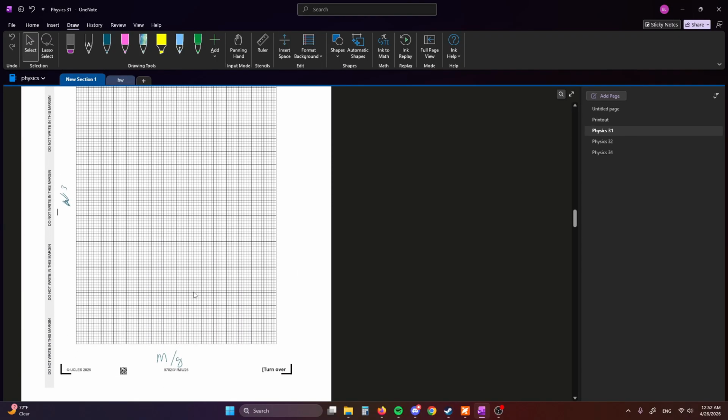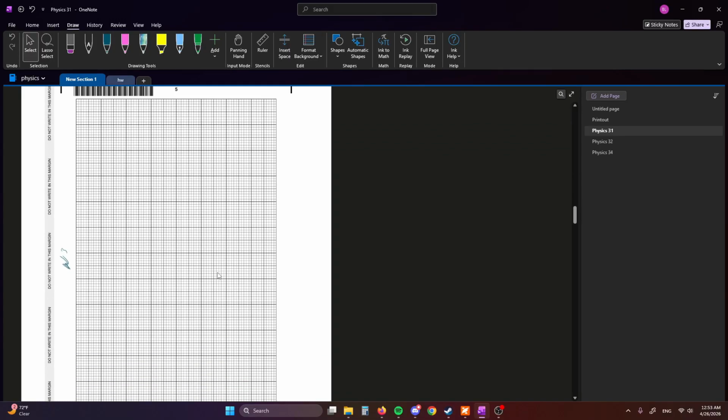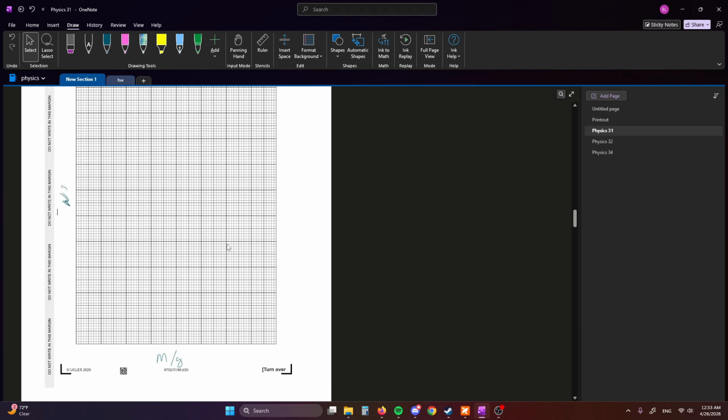And then we want to draw the appropriate axes such that it takes up at least half of the entire graph paper. More specifically, the scales must be chosen so that the plotted points occur over at least half the graph grid in both x and y directions. So I assume if we have a point here and a point here, we want to make it so that these scales make sense.